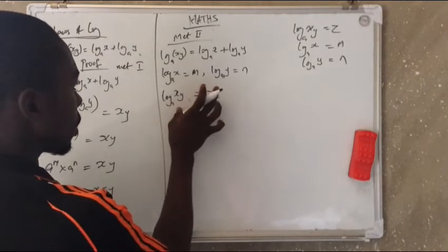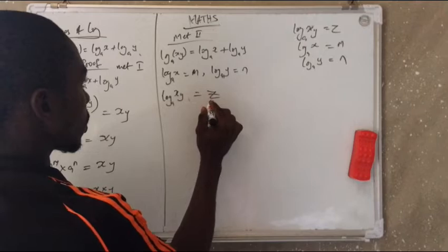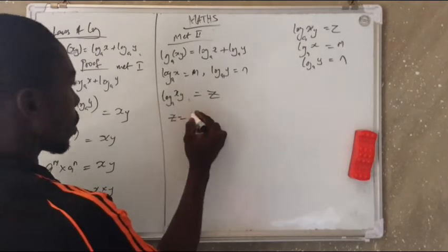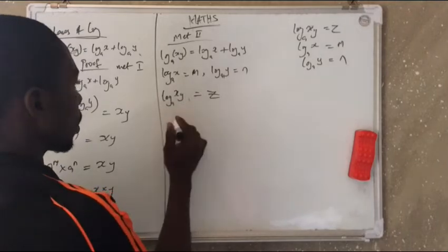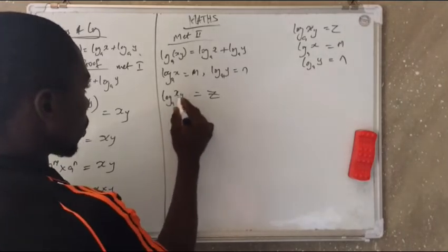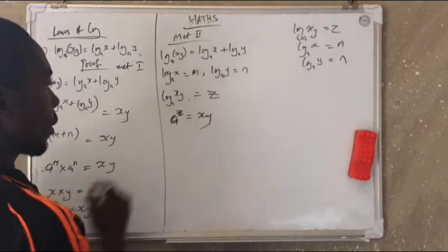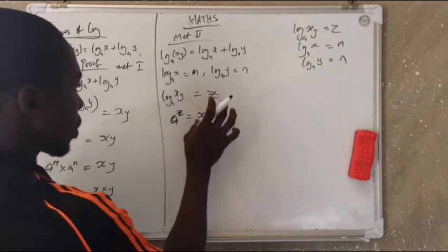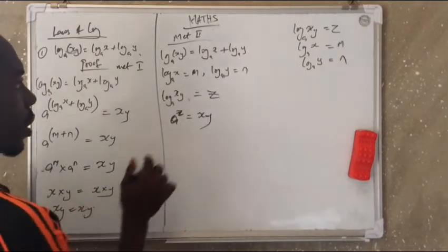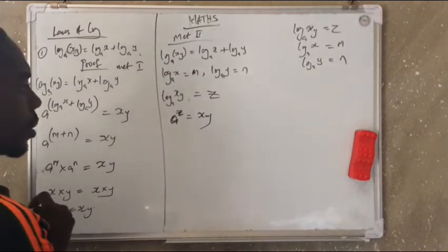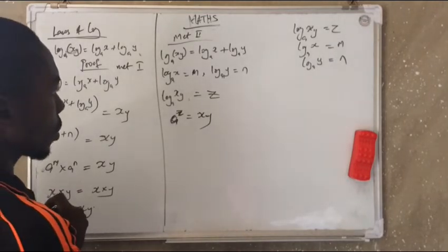I'm not going to change this. My a raised to the power z is equal to what? xy. My a raised to the power z is equal to xy.